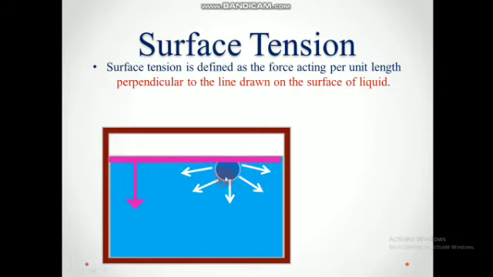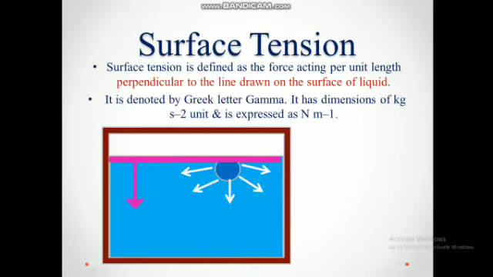As it is having forces in all the directions downwards, the net force will be downwards only. So that will be perpendicular to the line drawn on the surface. And it is the force acting per unit length perpendicular to the line drawn on the surface of the liquid. So that's the definition of surface tension.